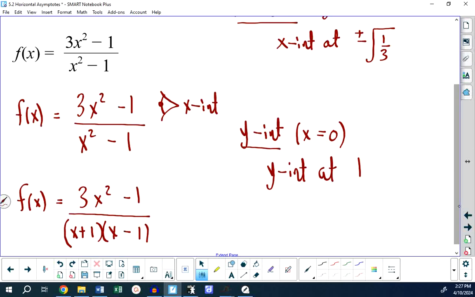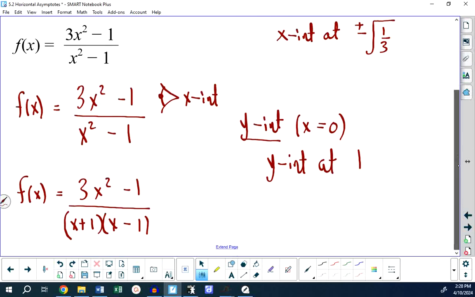There's nothing to be gained by doing that. There's no profit in that move. However, and you could argue we don't actually need to factor x squared minus 1 either, but I'm going to anyway. I hope you see that you have non-permissible values of 1 and negative 1. And that the two factors that produce those non-permissible values do not cancel with identical factors on the top.